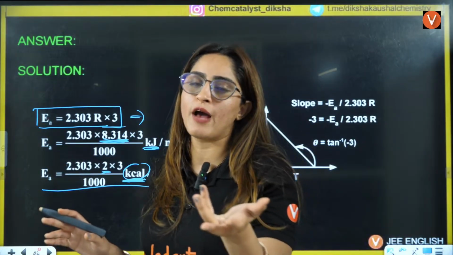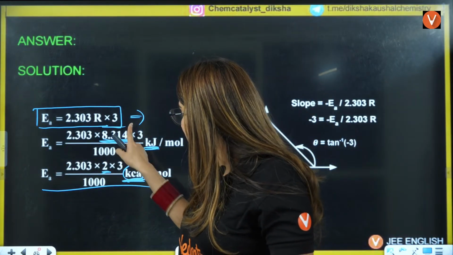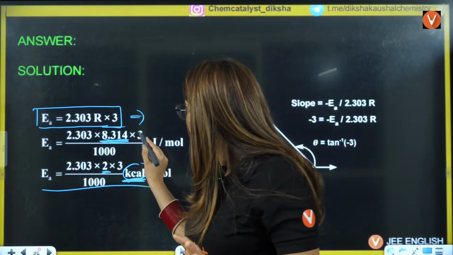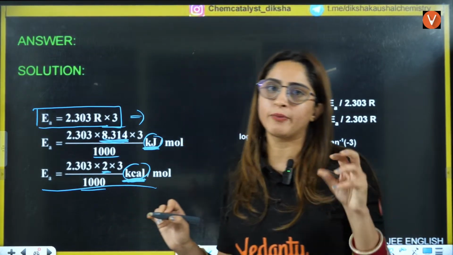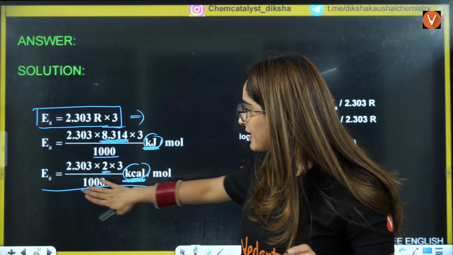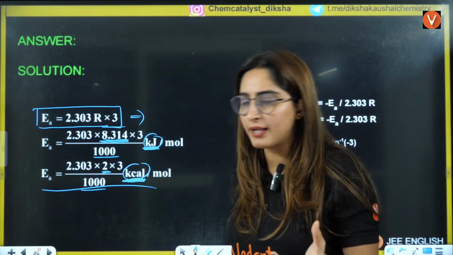Otherwise, for joules, you use 8.314, and for calories, you use 2. Because it is kilojoules, it will be divided by 1000; kilocalories, it will be divided by 1000. For simply joules or simply calories, don't divide by 1000. Some unit conversions I am telling you.